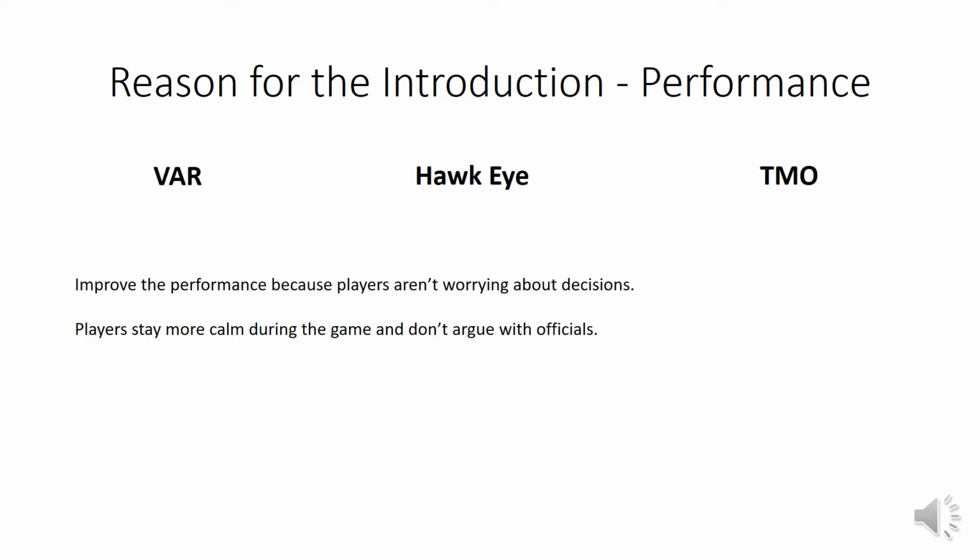So rather than players wasting energy shouting in officials' faces, or John McEnroe was one that we talked about if you're doing Hawkeye for tennis, where he used to go crazy at officials. Well, actually, they stopped doing that now because they stay calm and they just use the challenge. Or VAR, the referee will just say, well, it's being checked, and people just stay calm. So actually, it stops people using unneeded energy on appealing to referees and things like that because they know it's getting checked.